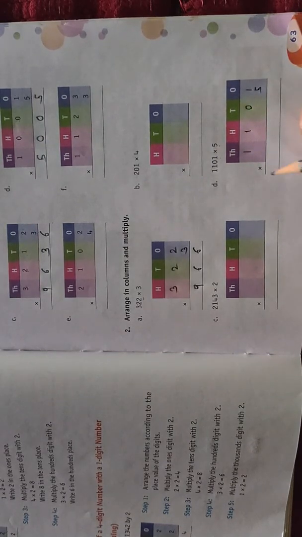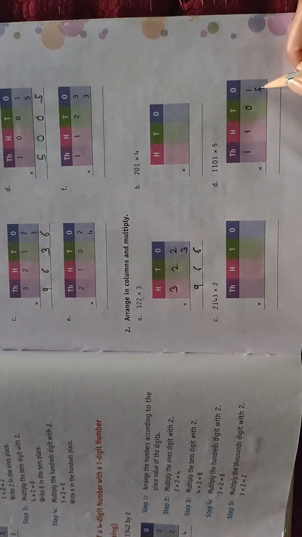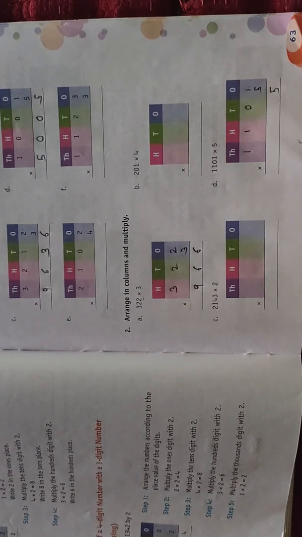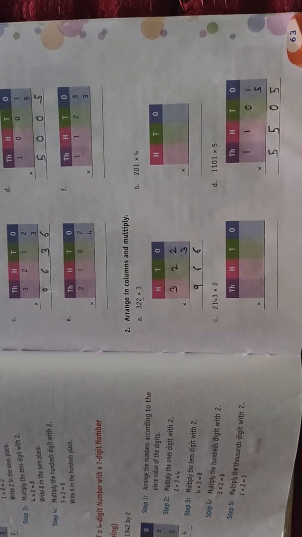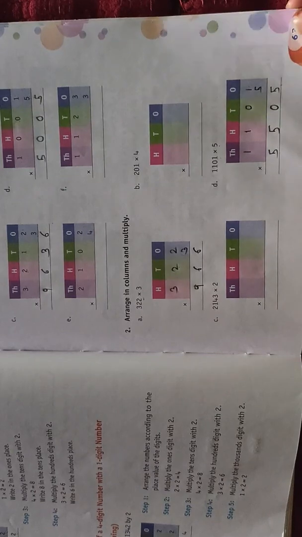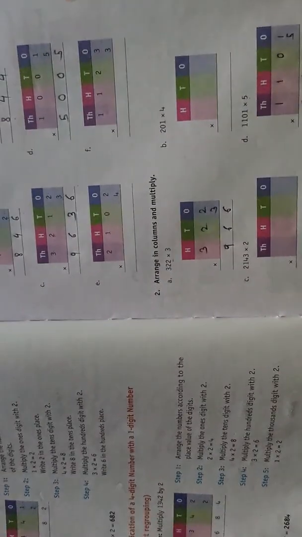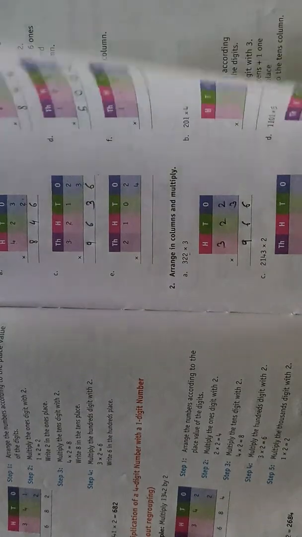So let's do the multiplication. 5 ones are 5, then 0 is there, so 5 zeros are 0. 5 ones are 5 and 5 ones are again 5. So your answer over here is 5505. It's very simple. For that you need to learn your tables.